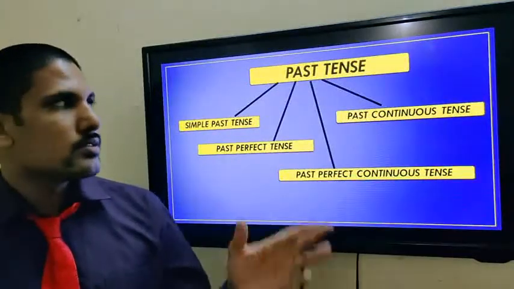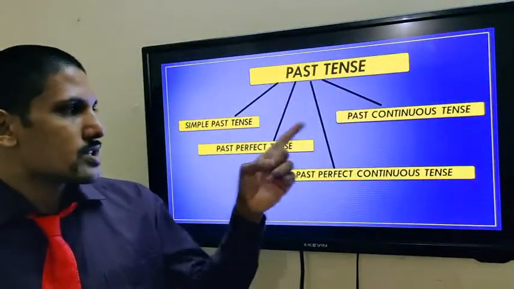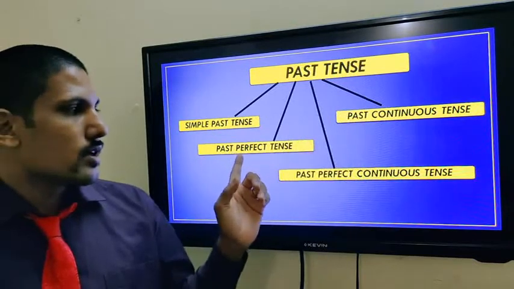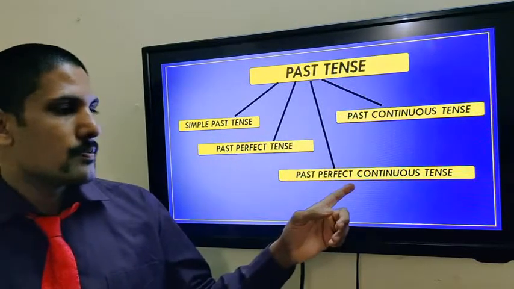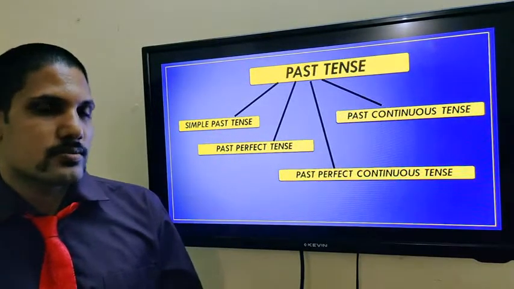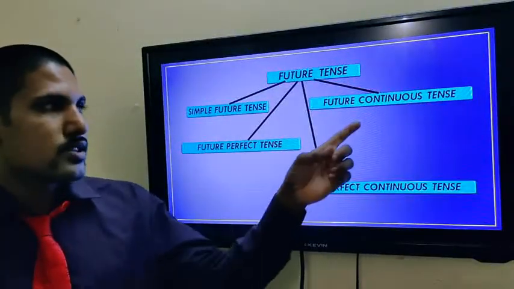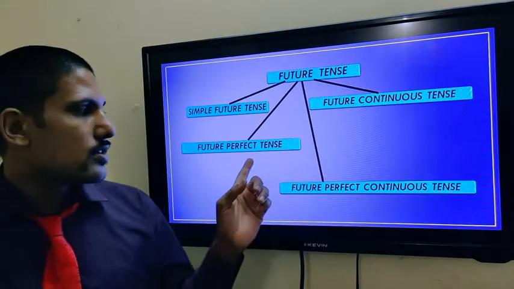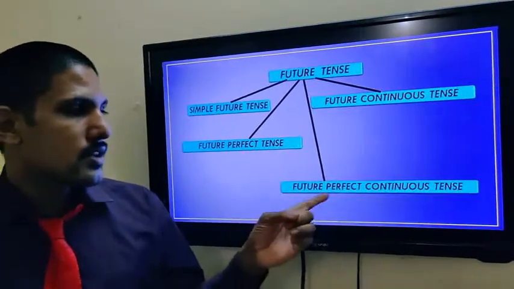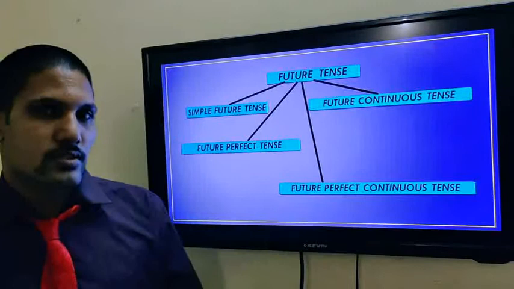Past tense: simple past tense, past continuous tense, past perfect tense and past perfect continuous tense. Future tense: simple future tense, future continuous tense, future perfect tense and future perfect continuous tense.